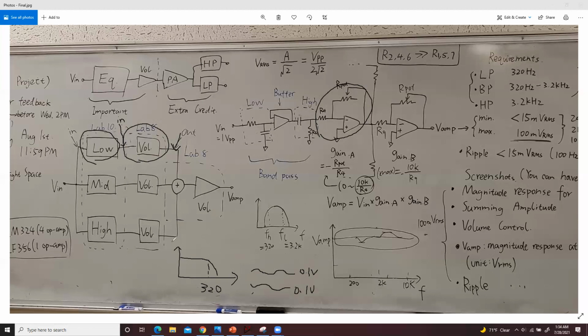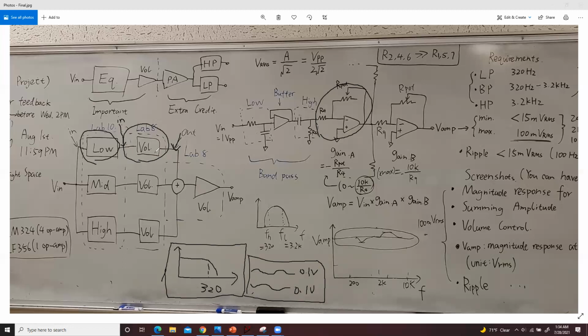For example, you test your low pass filter using the magnitude response and take a screenshot of it, and after you verify your inverting amplifier, you take a screenshot of the oscilloscope. In that case, even if you cannot make the whole system work at the end, you still have partial credit for making the individual circuits work.